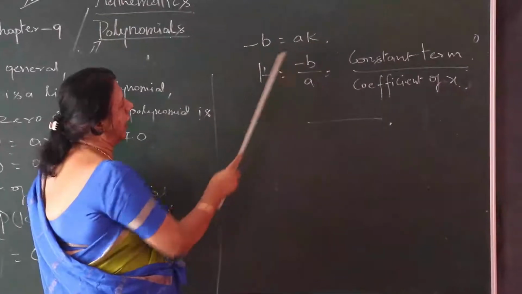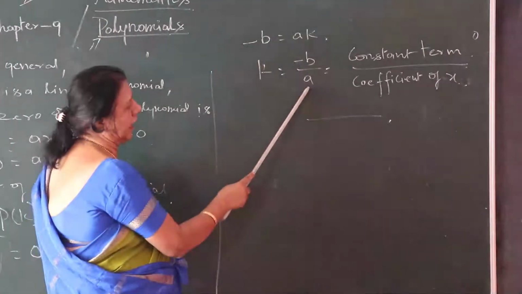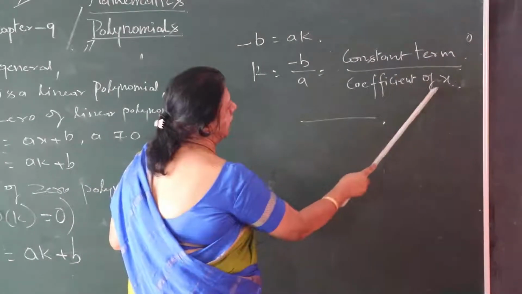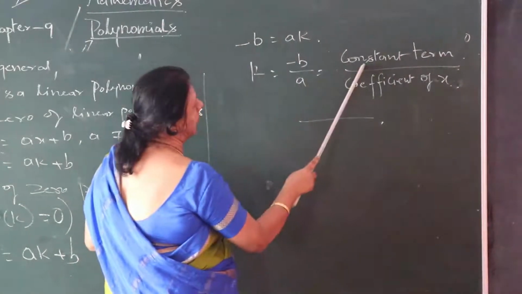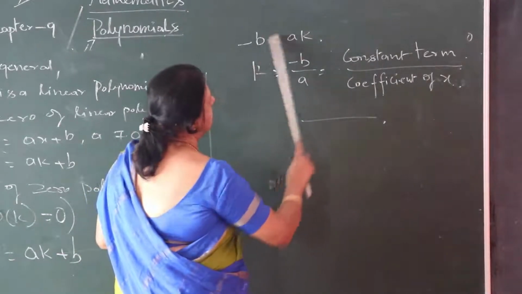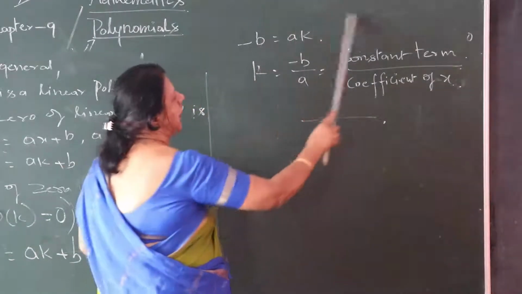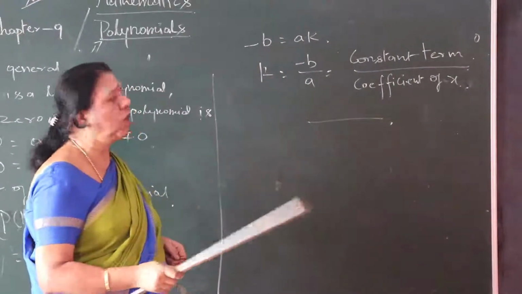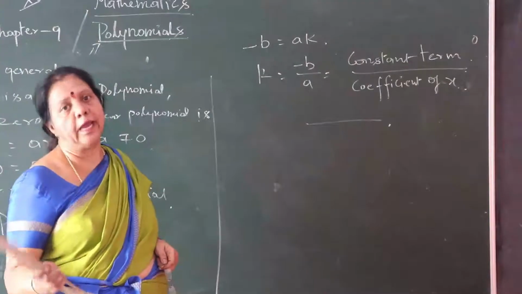So therefore k is equal to minus b by a, which is minus the constant term divided by the coefficient of x. So minus b is the constant term, and a is the coefficient of x. This is the interpretation of k: minus constant term by coefficient of x.